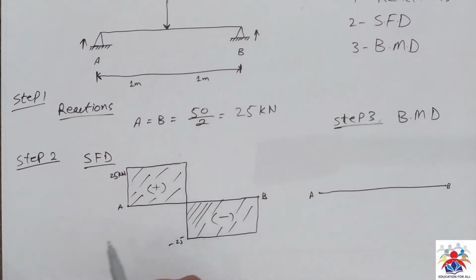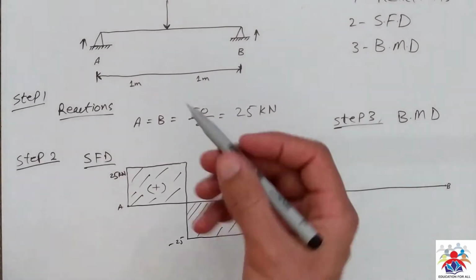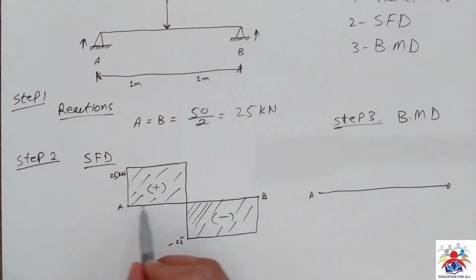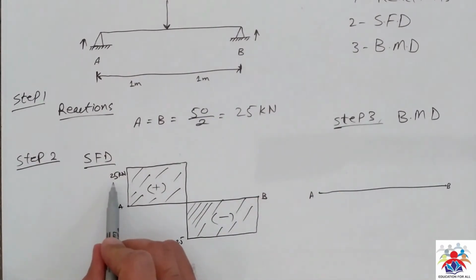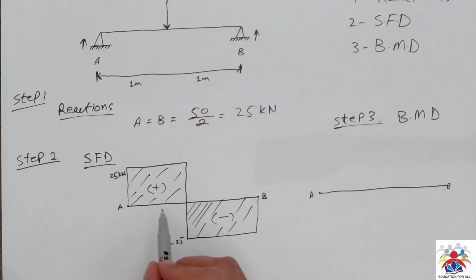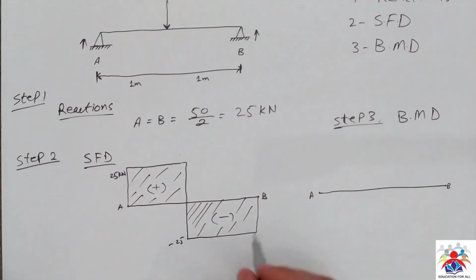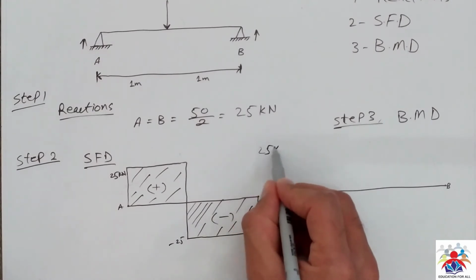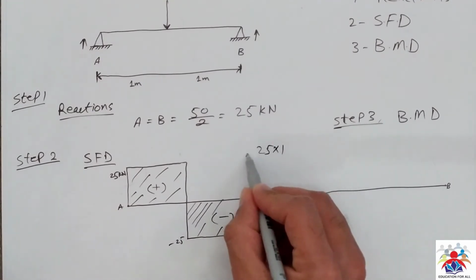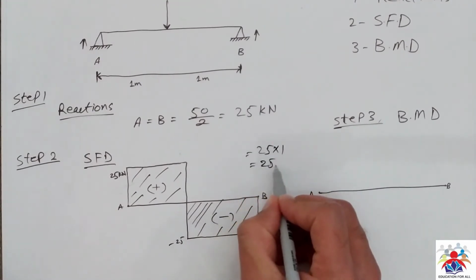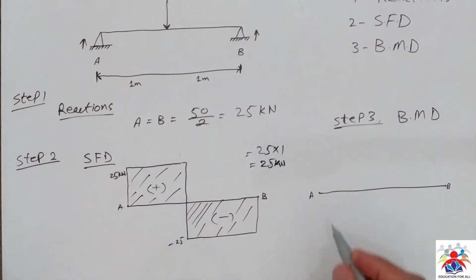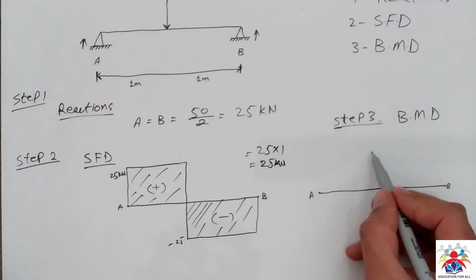Okay, so how do we know where we can draw our line? What would be the value in the middle? As you can see in the previous diagram, it says 25 kilonewton and the distance is 1 meter. So it's 25 multiplied by 1, which is 25 kilonewton meter, and roughly I would say that is in the middle.